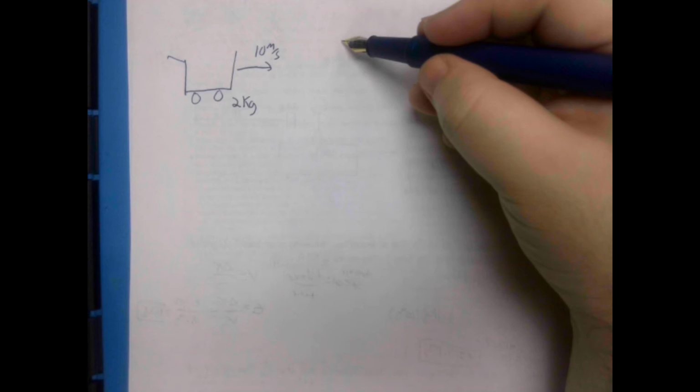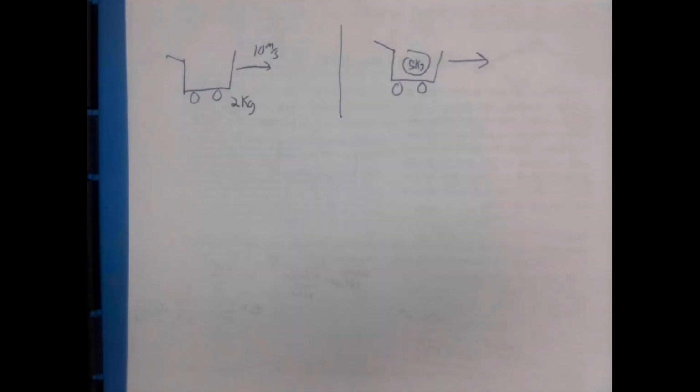Let's suppose someone pushes a shopping cart through a shopping center very fast. And then all of a sudden, someone chunks in a ham that weighs 5 kilograms into it. What would its new speed be? Let's say they just drop it in. So they're not giving it any horizontal velocity, they're just dropping it straight down into it.